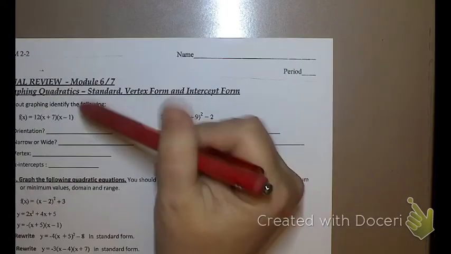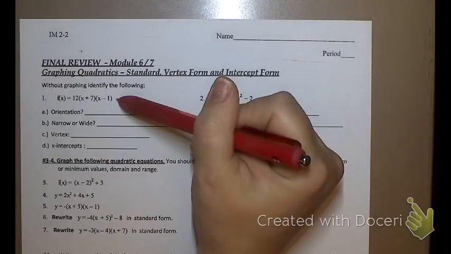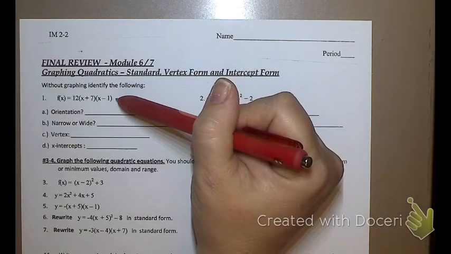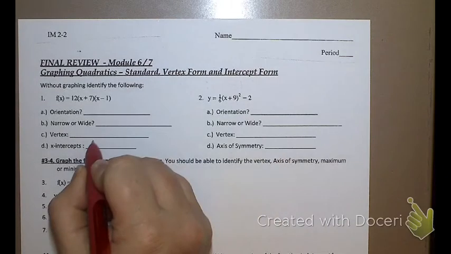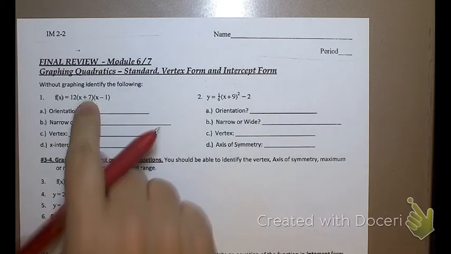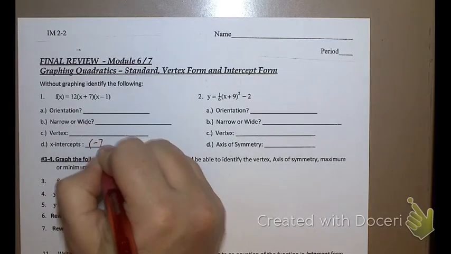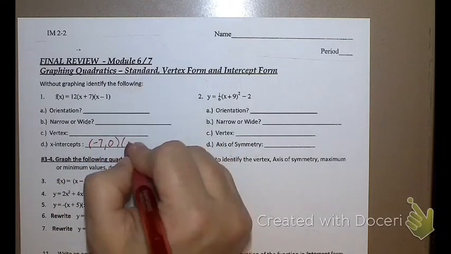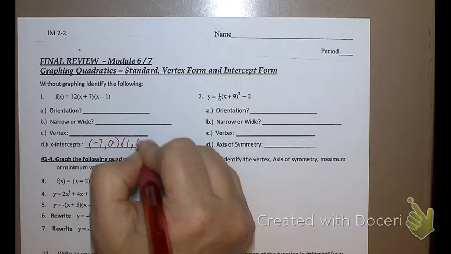Now, if I look at this equation right here, what form is this in? Of the three forms I just talked to you about, what form is this in? Intercept form. So, I have intercepts of not positive 7, but negative 7, 0, as well as not negative 1, but positive 1, 0.